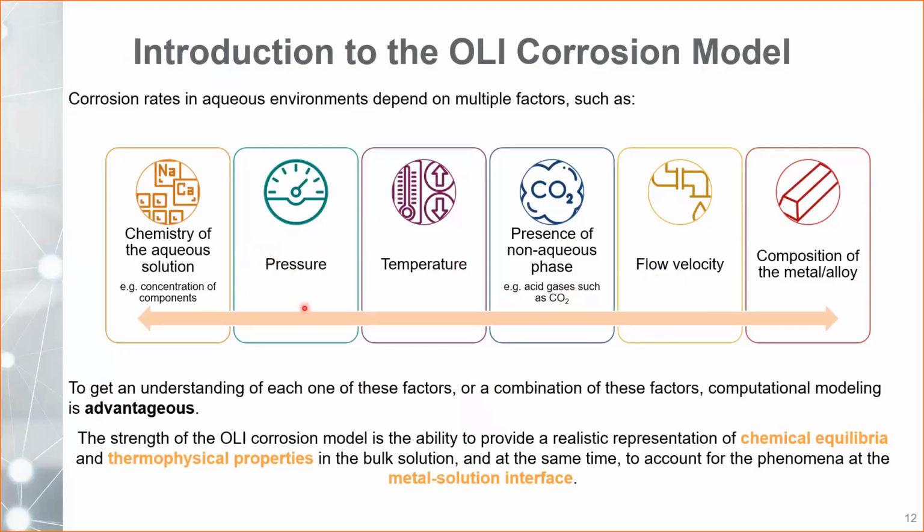The OLI Corrosion Analyzer has the ability to provide an accurate representation of both chemical equilibria and the thermophysical properties of the bulk solution. At the same time, we can account for the phenomena at the metal solution interface, which is relevant to understand corrosion.